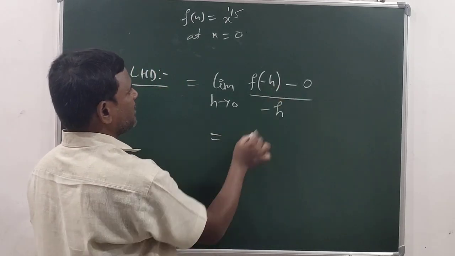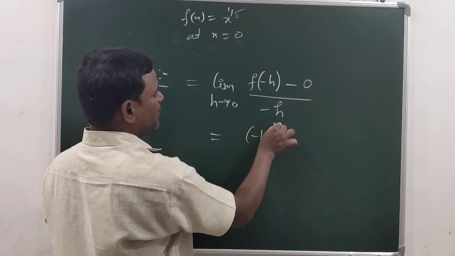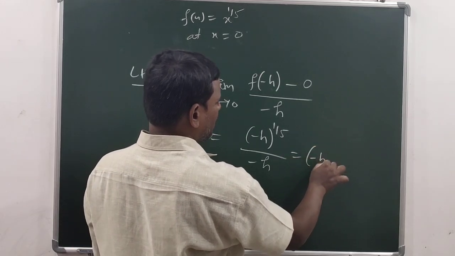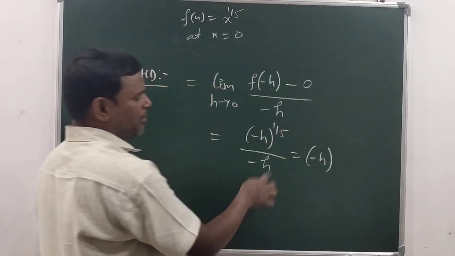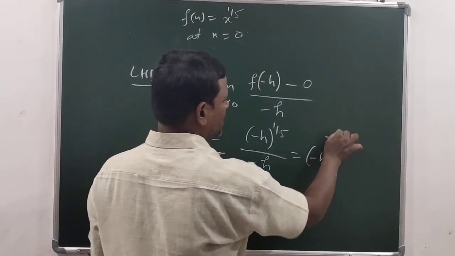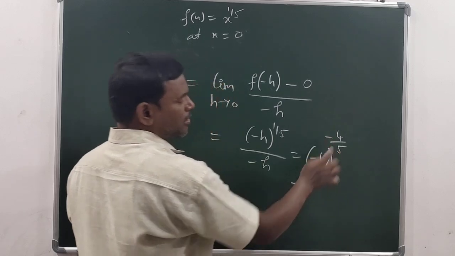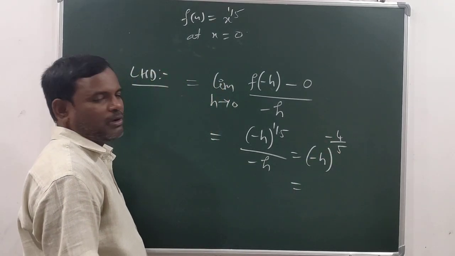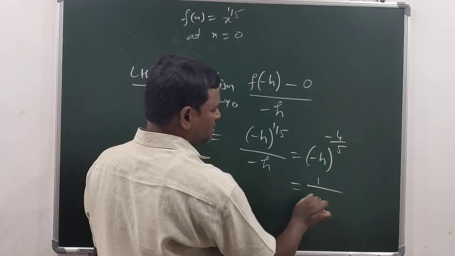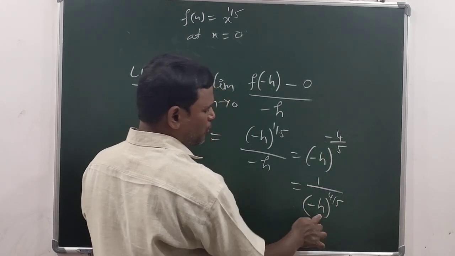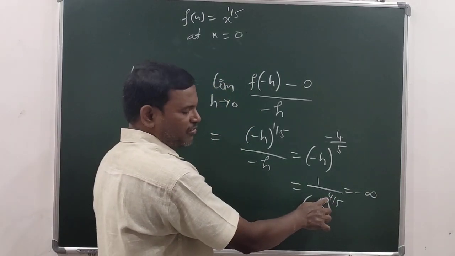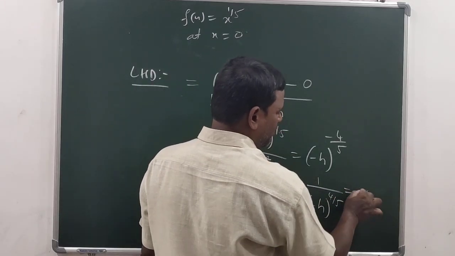So you get minus h whole power 1 by 5 by minus h. Now if you simplify, a power m by a power n equals a power m minus n, so 1 by 5 minus 1 becomes minus 4 by 5. So minus h whole power minus 4 by 5, which comes to the denominator as minus h whole power 4 by 5. If you put h value 0, it attains minus infinity. Sorry, here the power is an even number, which becomes positive, so you get positive infinity.